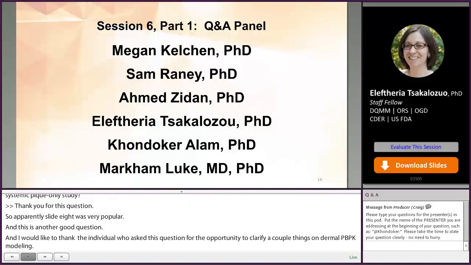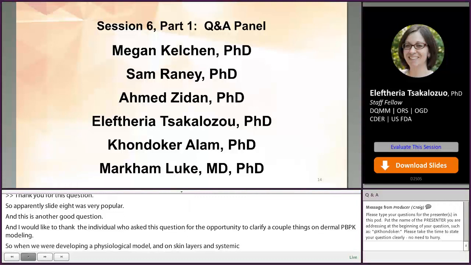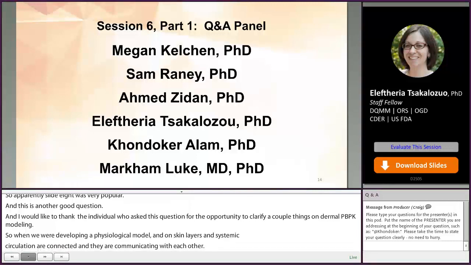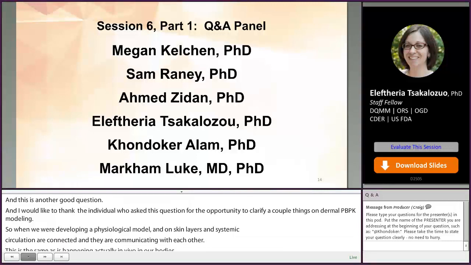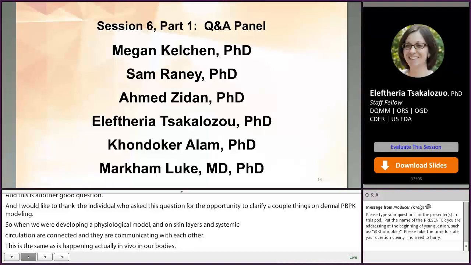And this is the same as it is happening in vivo in our bodies. The main goal of the model is to describe the in vivo situation. So the assumption, as it is pointed out in the question, is correct.